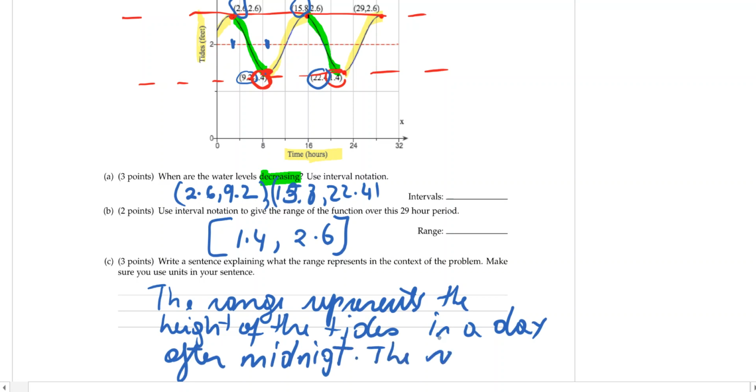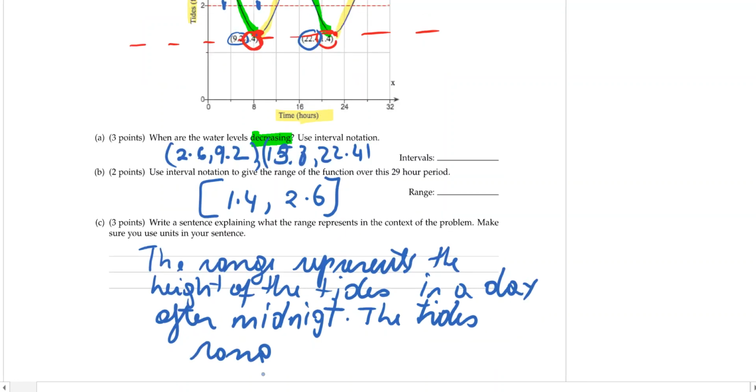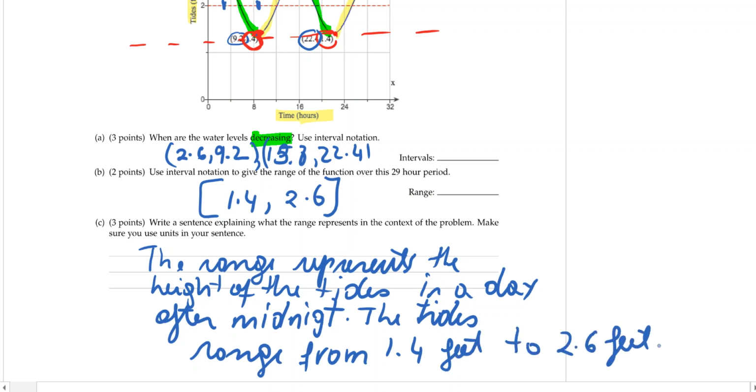The tides range from 1.4 feet to 2.6 feet. So you can think of this as your minimum and this your max.